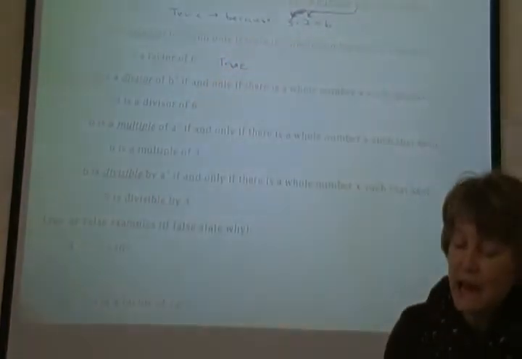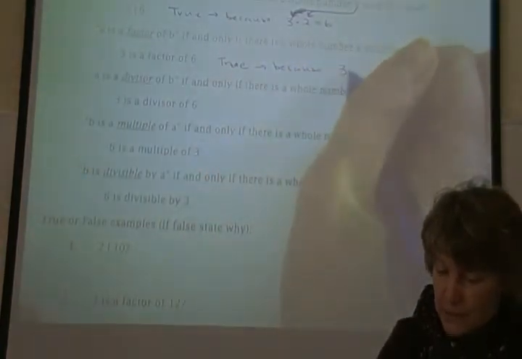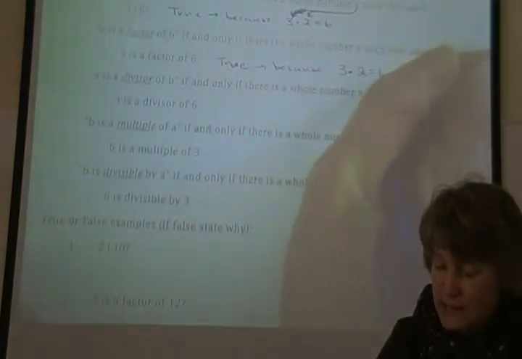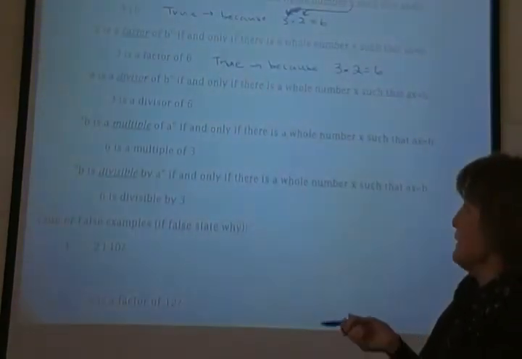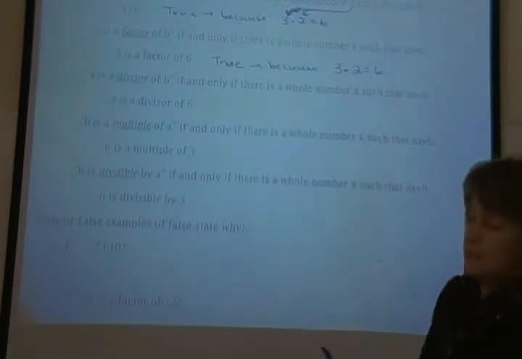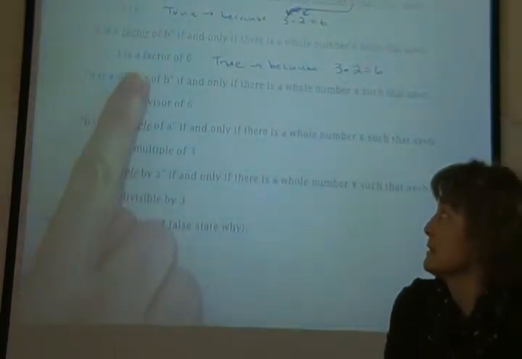That's true for the exact same reason that 3 divides 6. Because I can think of a number that when I multiply it by 3, I get 6. So A divides B and A is a factor of B mean exactly the same thing.